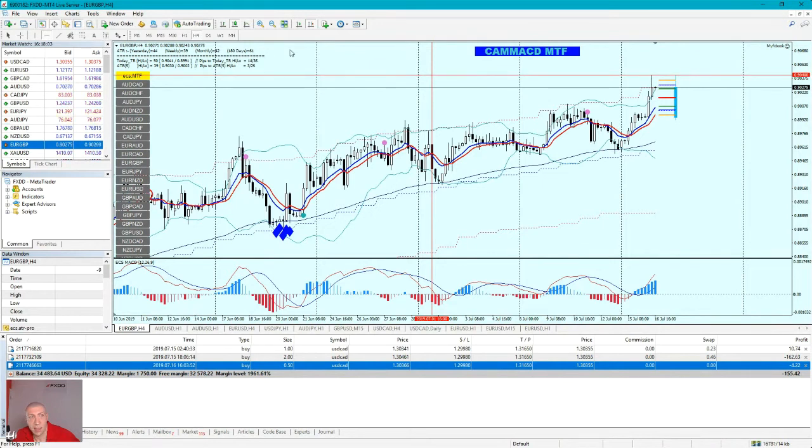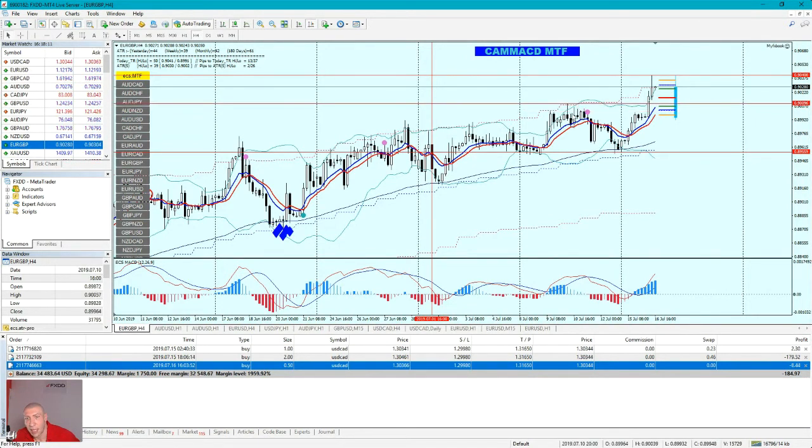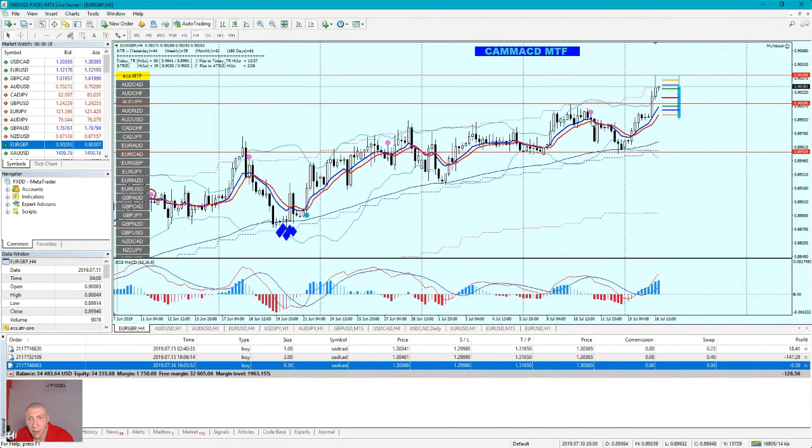Okay, this is the high. This is the low. You see how markets respond to red levels. High, low, third quadrant. 1, 2, 3. Third quadrant. High, low. 1, 2, 3.